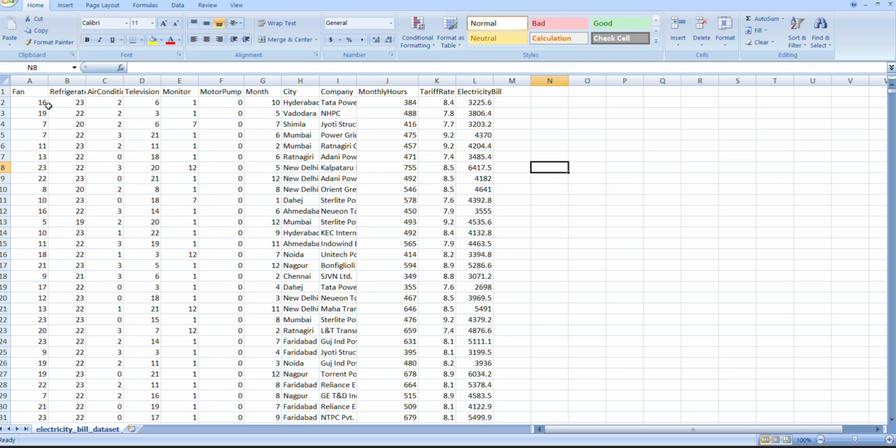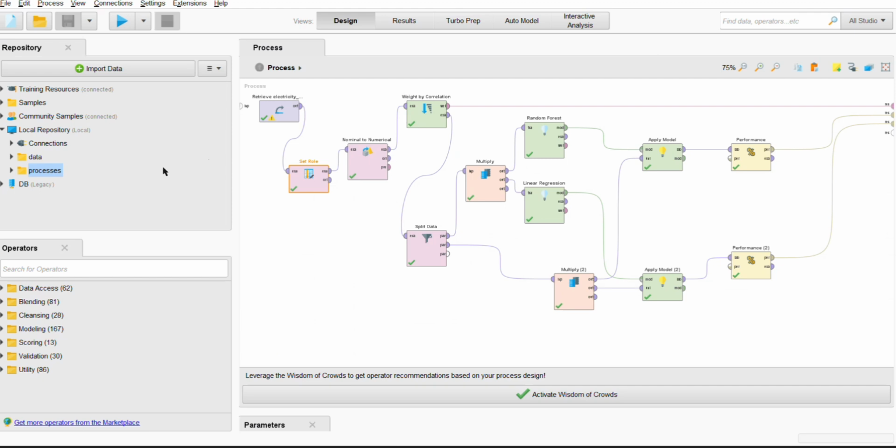It tells how many fans, refrigerators, air conditioners and monitors we have, how many months of pending bills we have, and the city and company name, which provide insight into which electricity company is providing the electricity. The monthly hours means how many hours we use.